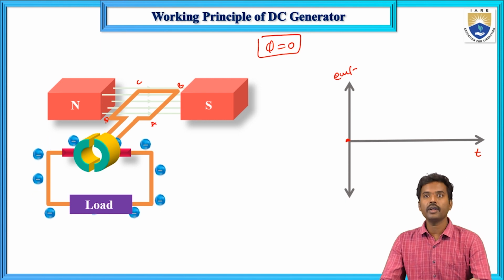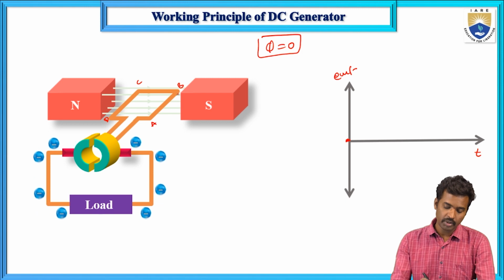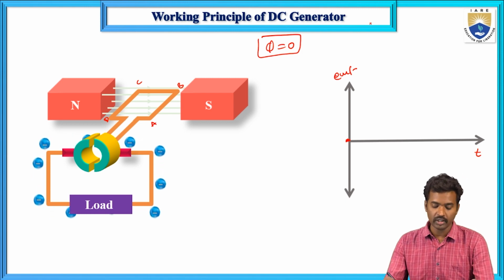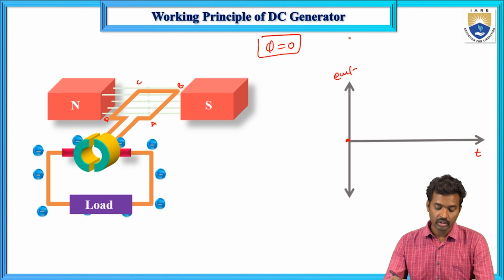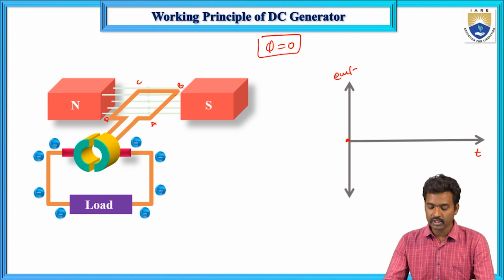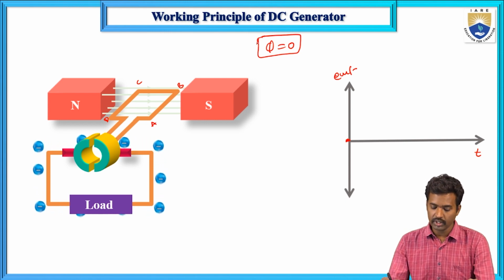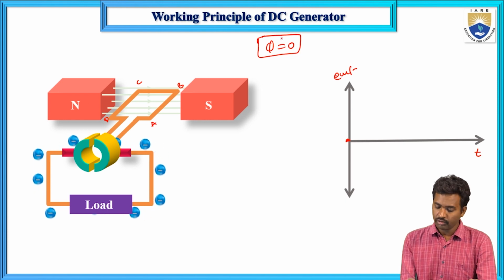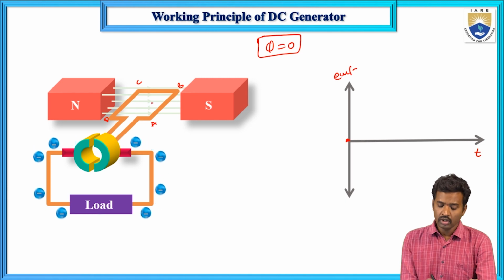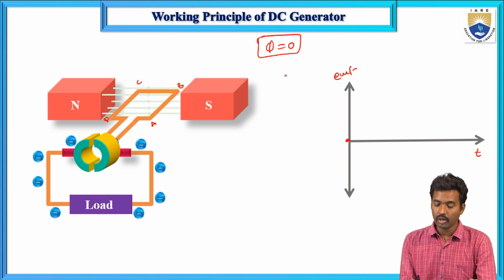A single turn conductor means two conductors form one turn. AB is one conductor and CD is the second conductor. Now AB and CD are horizontal to the flux lines, so phi equals 0. Flux lines always flow from the north pole to the south pole, and if you place the single turn conductor like this, flux cutting is minimum, almost 0.